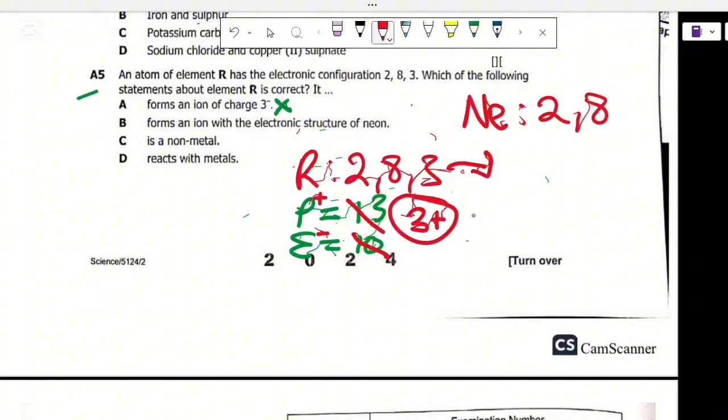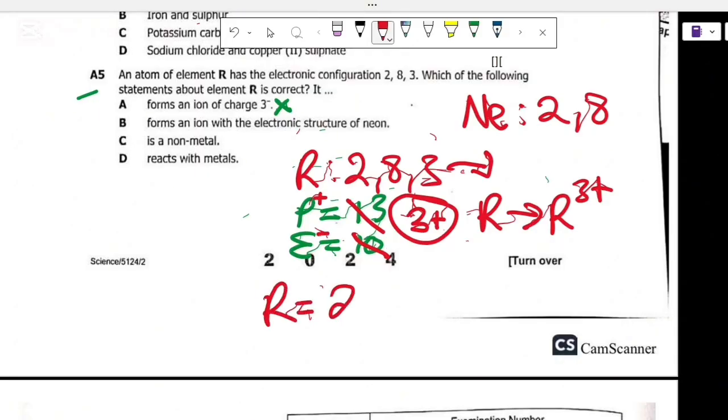So this is what is going to form an ion because it is going to define the charge of an atom. So R is going to become R3 plus.